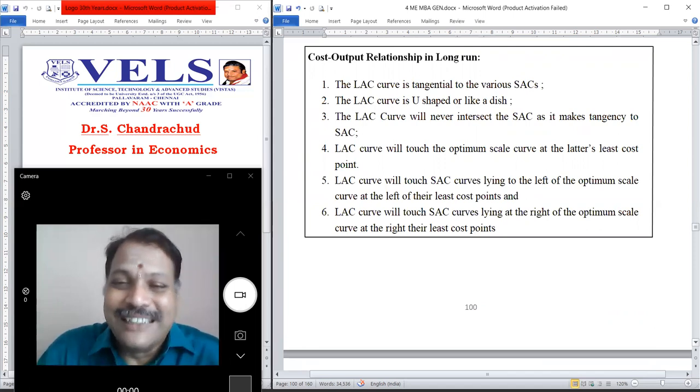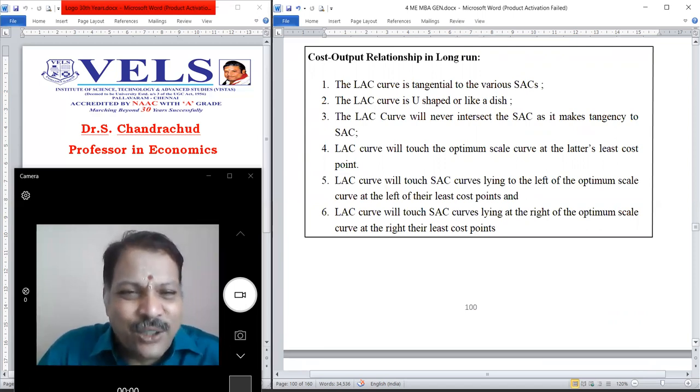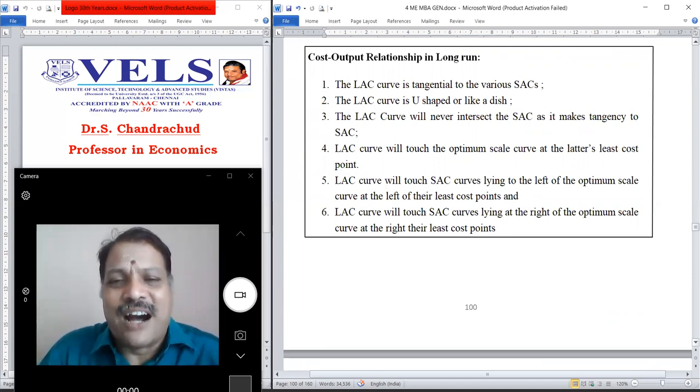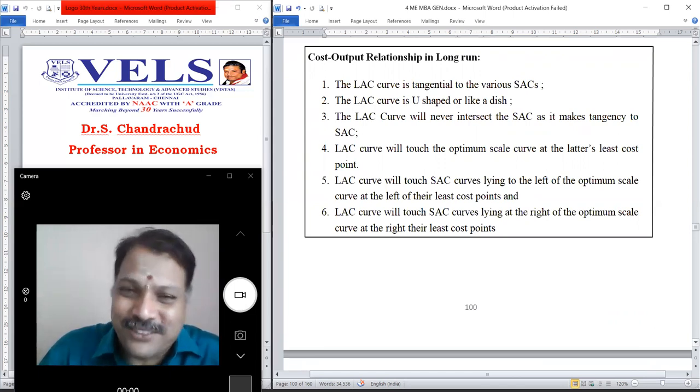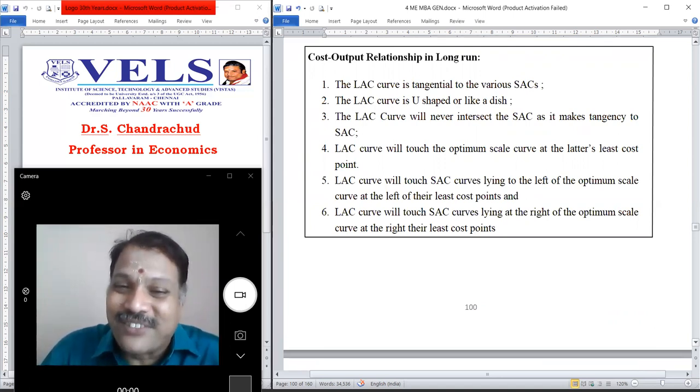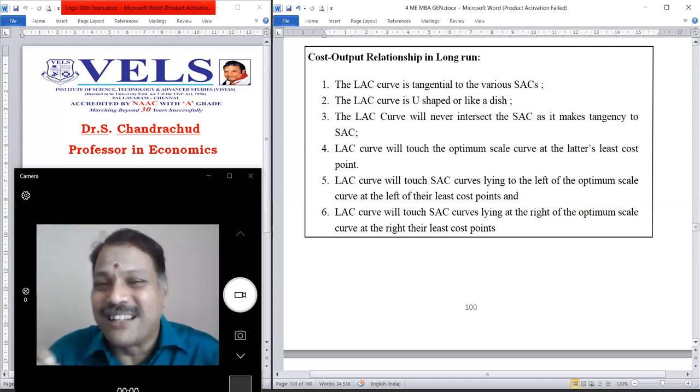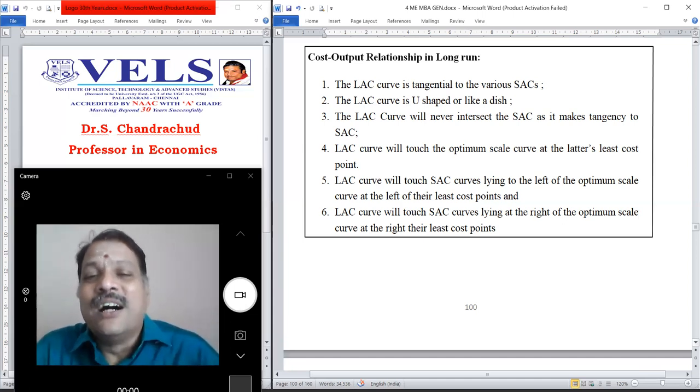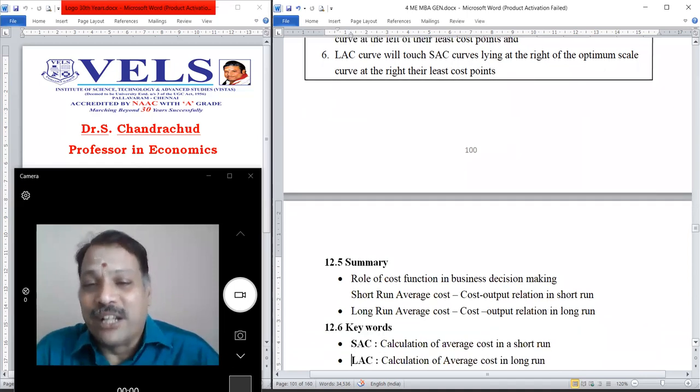The fifth one, the long-run average cost curve will touch SAC curves lying to the left of the optimum scale curve at the left of their least cost points. Similarly, LAC will touch the SAC curves lying to the right of the optimum scale curve at the right of their least cost points. So these are the 6 implications of the long-run cost output relationship.